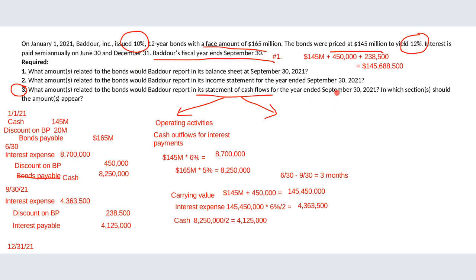For number 2, they're asking on the income statement. So for the income statement, we're looking at the interest expense for that period. Okay. So the addition of these two numbers will answer number 2.